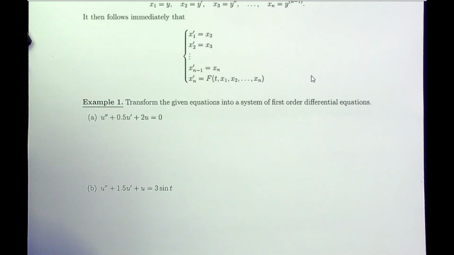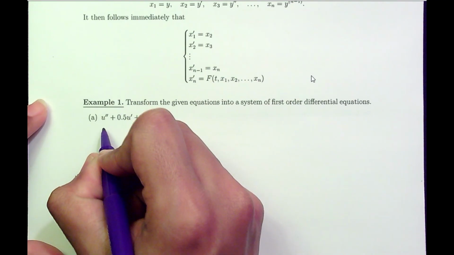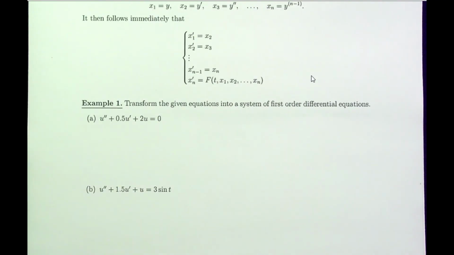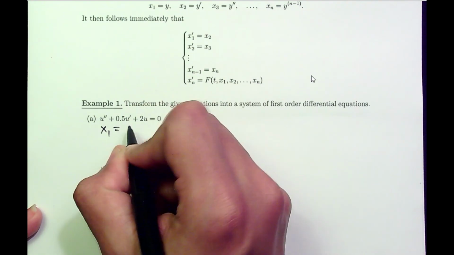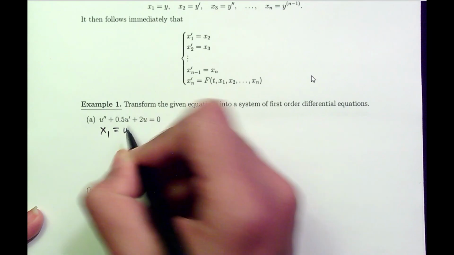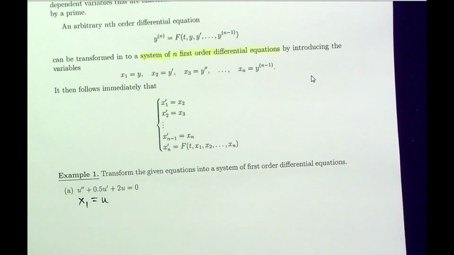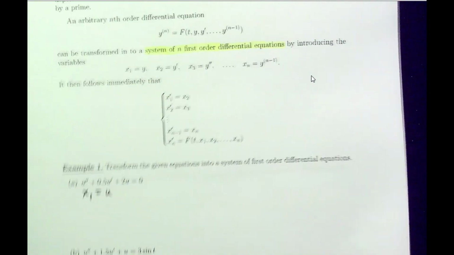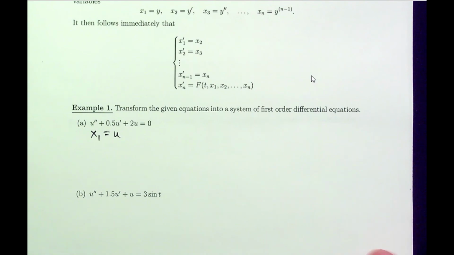Alright, so we're going to first introduce a new variable, x1. x1 is going to be the u. Normally it is y if the original differential equation is written in terms of y, but this one is written in terms of u, so x1 is going to be u.